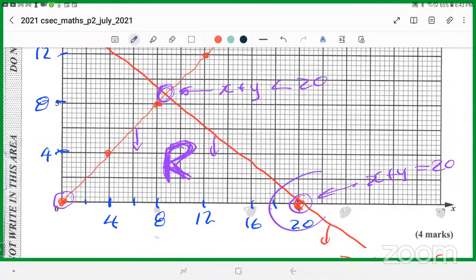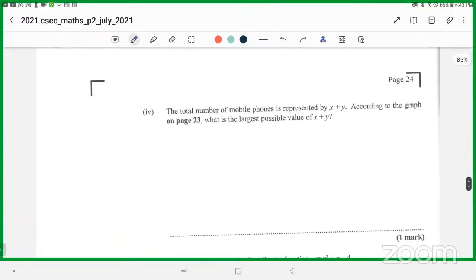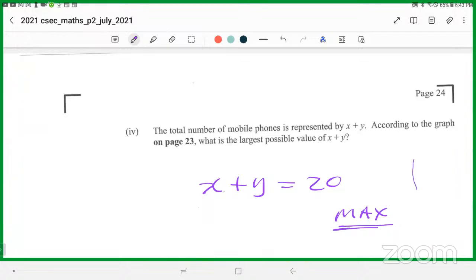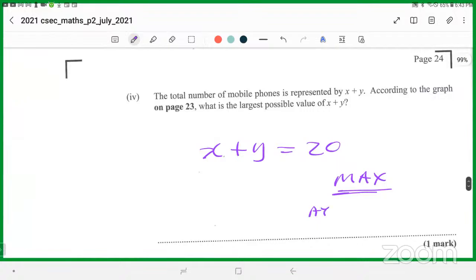So this is where we get the most. x plus y equals 20 at the point 20, 0. The largest possible value of x plus y is 20.